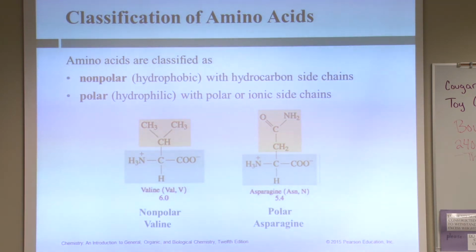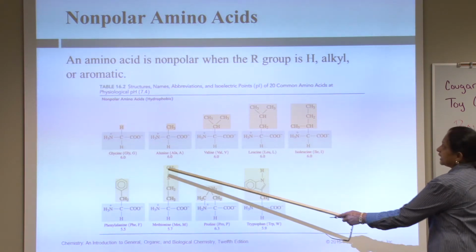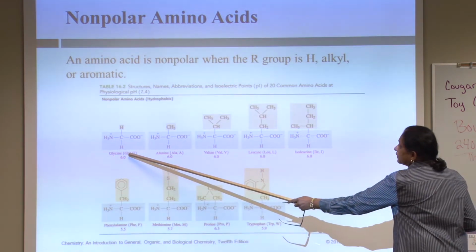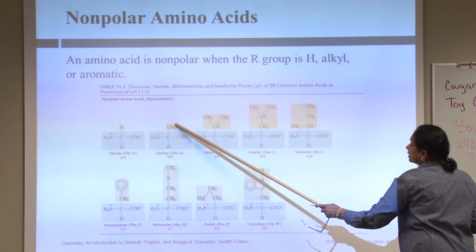So now again, going back, amino acids are non-polar and polar based on the side chain. This is also in your book. An amino acid is non-polar when the R group is either hydrogen, alkyl, or aromatic. Here you are seeing glycine and the abbreviations. This is hydrogen, methyl.